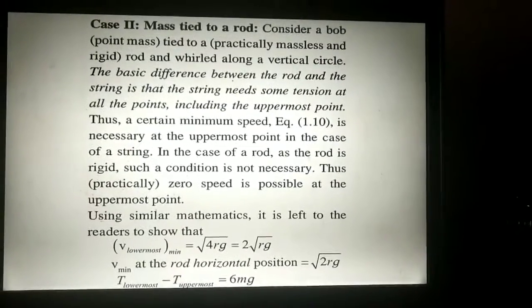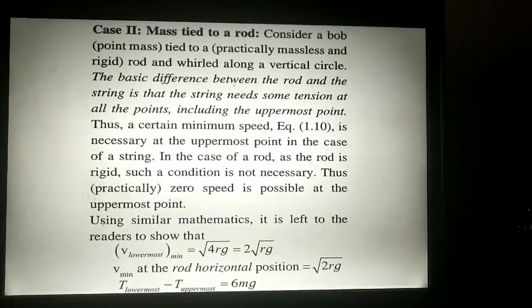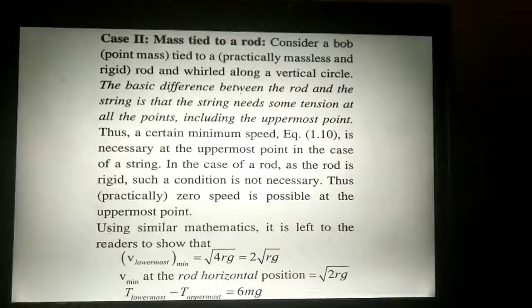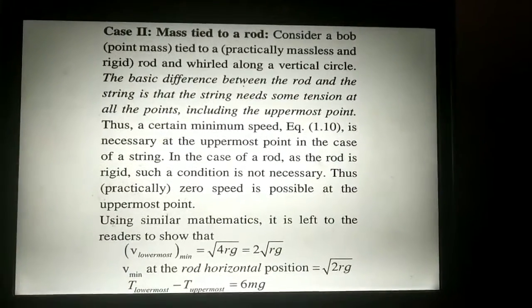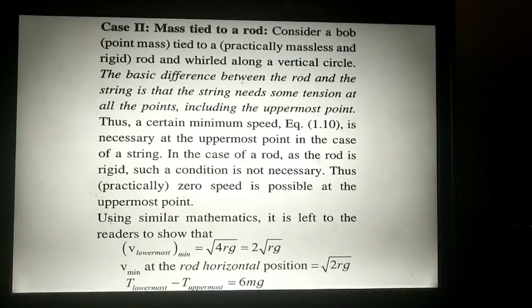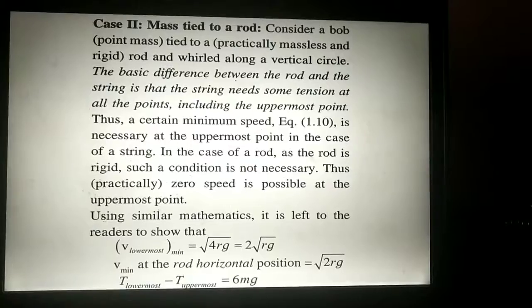The only difference is that a string needs some tension, but here the rod is rigid, it is stiff in nature, so tension will not be a very important term.